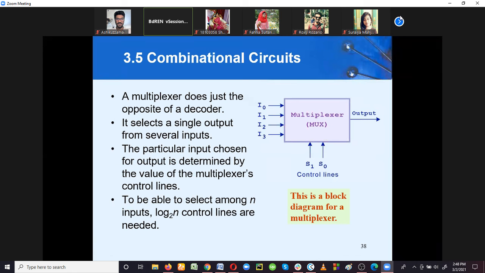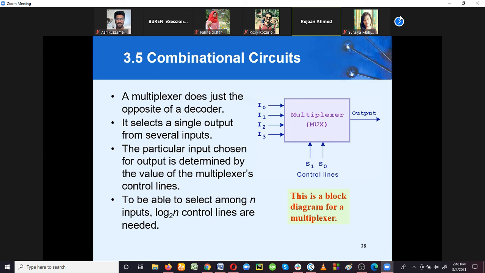We also read multiplexer and decoder in the FEDS subject. So what is the characteristic of a decoder? Less input, more output. And the characteristic of a multiplexer is just opposite: more input, less output. Okay? Clear?